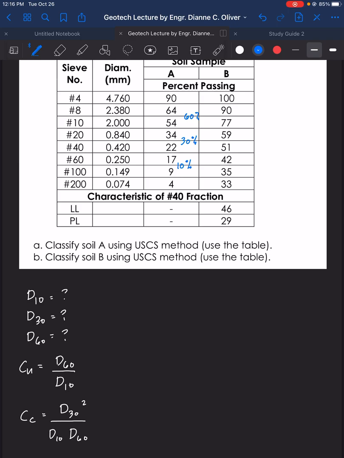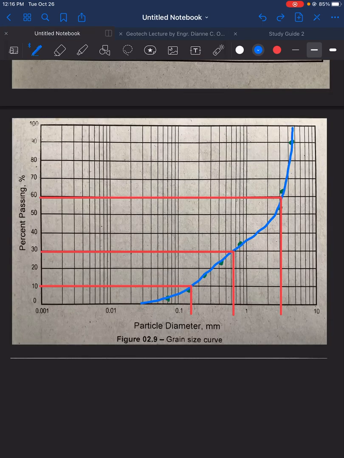Let's find the diameter for 60% using the graph. So here is the 60%. And therefore, using this red line here, it is equivalent to what diameter in the x-axis? So this is D60, D30, and then this is D10.